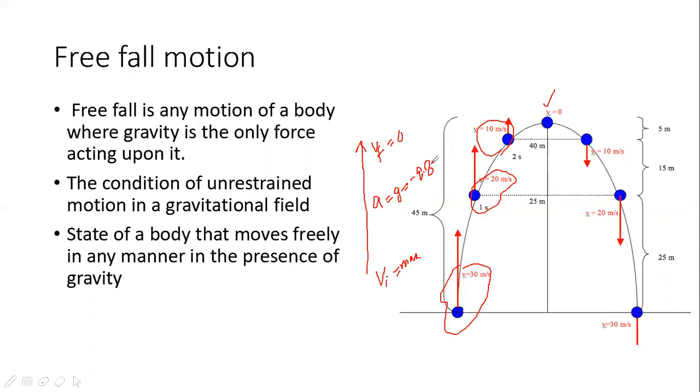So I will not write the unit, you will write: 9.8 meter per second square.